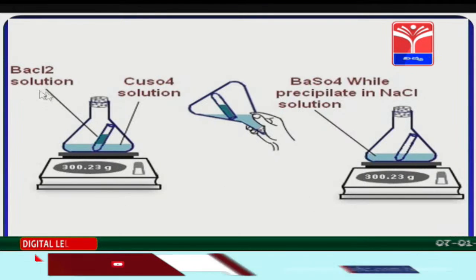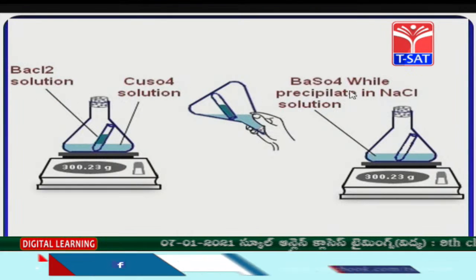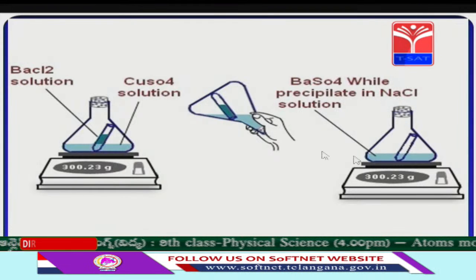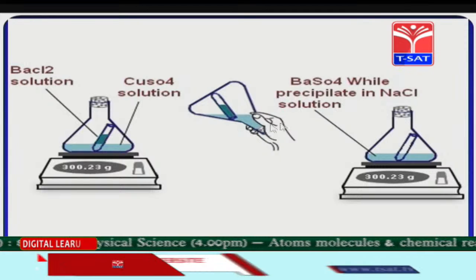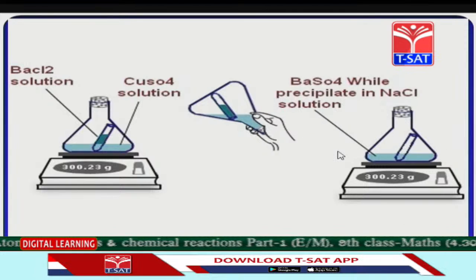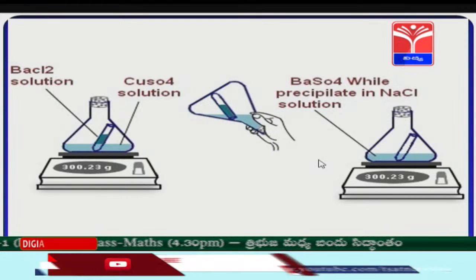So, children, when barium chloride and copper sulphate react with each other, barium sulphate is a precipitate formed in a solution of copper chloride. So, the weight of the reactants before the reaction is equal to the weight of the products after the reaction. This proves the law of conservation of mass.